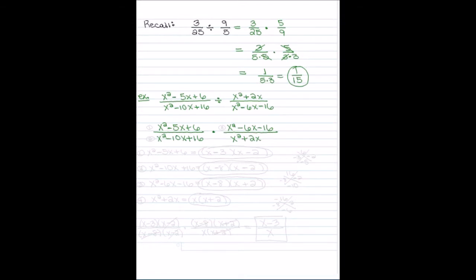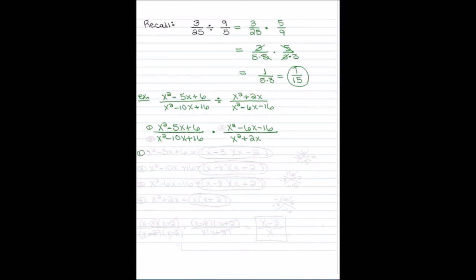If I flip the second rational expression and change the division into multiplication, this is what I have. And now I do the exact same thing I did when I had multiplication. I'm going to factor each one of my polynomials, and I'm going to take them to the side to factor them individually.